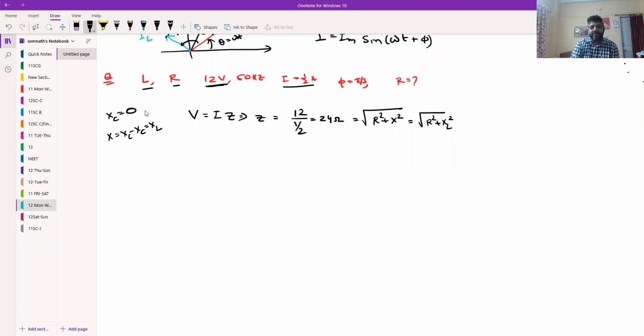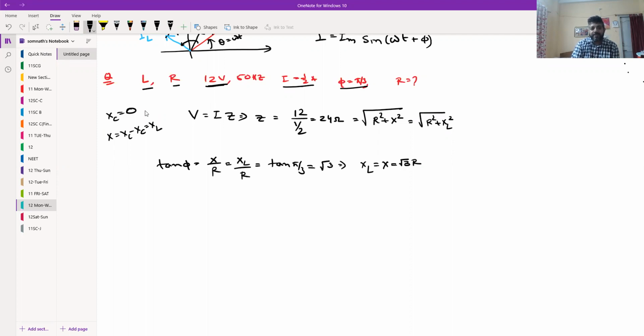Now see here, you get the value of tan phi, that is X by R, and here XC is 0, so X is XL by R, which is how much? Tan pi by 3. What do you mean by pi by 3? 60 degree. That means root 3. That means XL is root 3R.